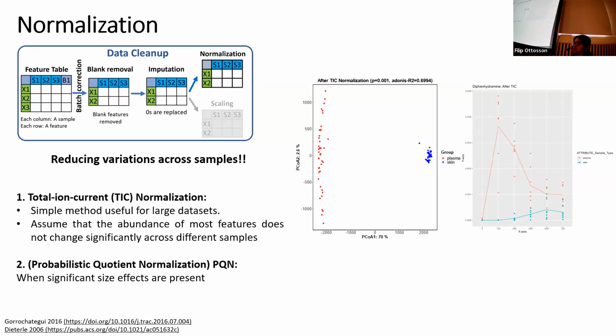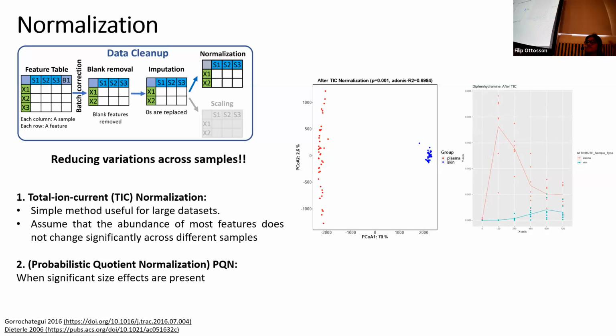For example, TIC is the simplest, computationally inexpensive technique because it is just sum normalization. And it is perfect for our data set because we injected diphenhydramine in all the subjects and the effect size is small.